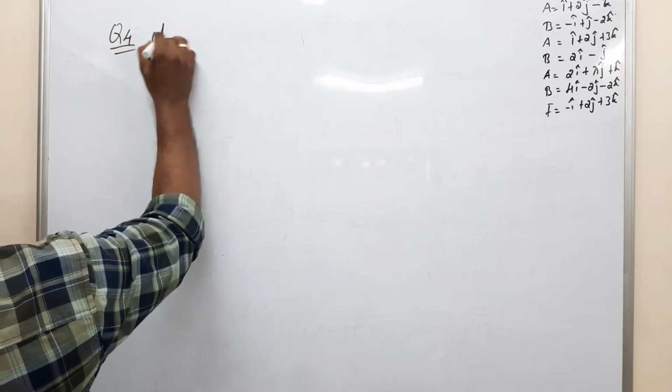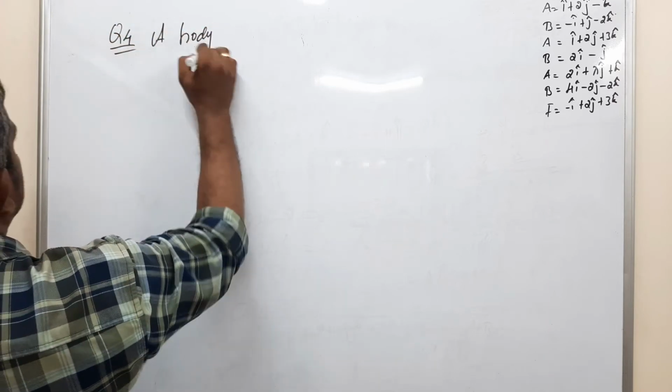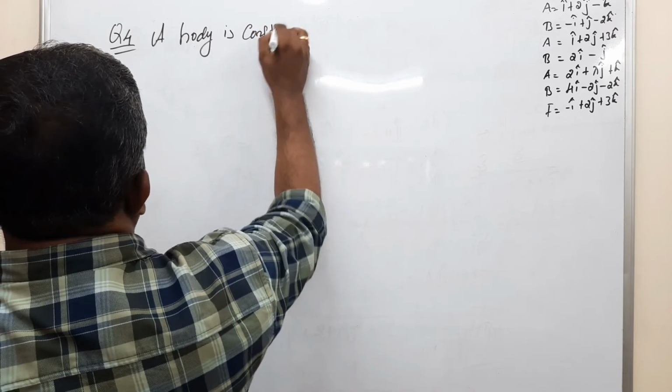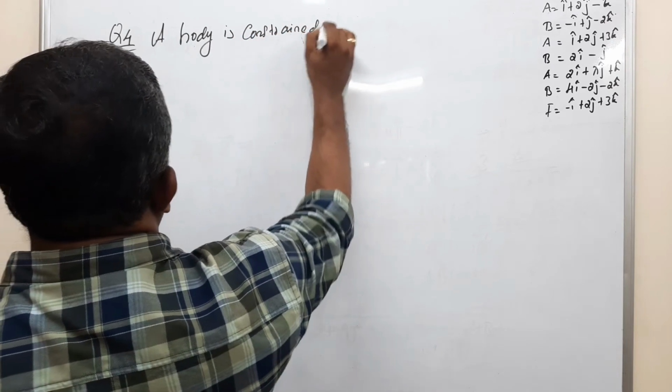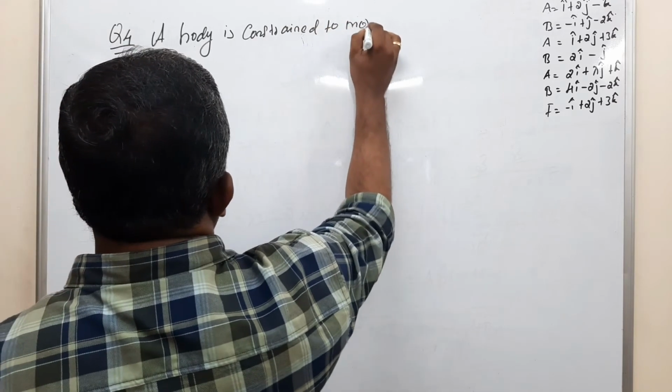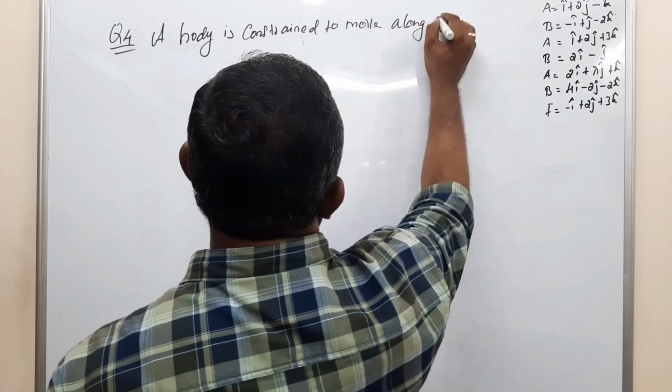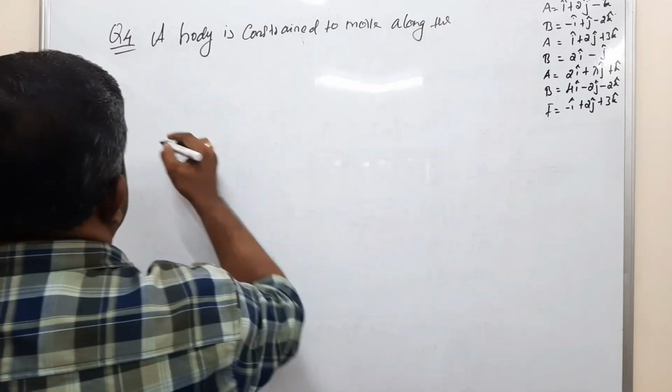So fourth question. A body is constrained to move along the z axis.